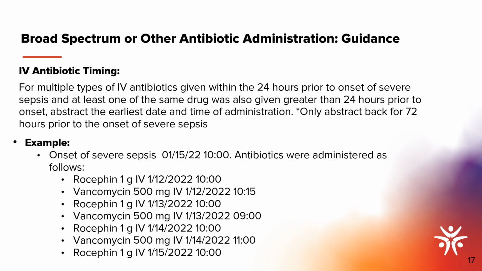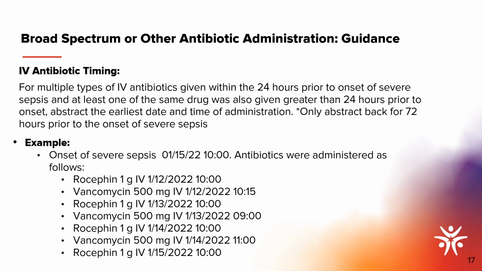For multiple antibiotics administered within 24 hours prior to the onset of severe sepsis, and also greater than 24 hours prior to the onset of severe sepsis, abstract the earliest dose given within a 72-hour time period. In this case, the onset is 1/15/22 at 10 o'clock. So we're going to determine the 24-hour time period prior to the onset, which would be 10 o'clock on 1/14.